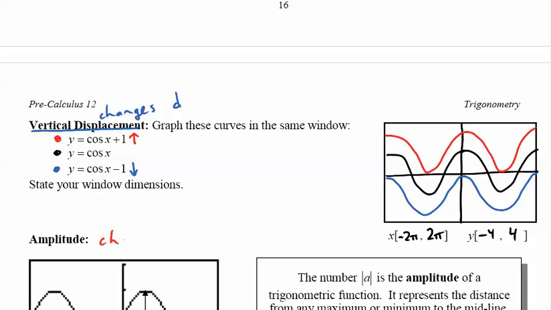Amplitude changes the a value. For a light wave, amplitude affects the brightness. And for a sound wave, amplitude affects the loudness. So more amplitude means more sound.